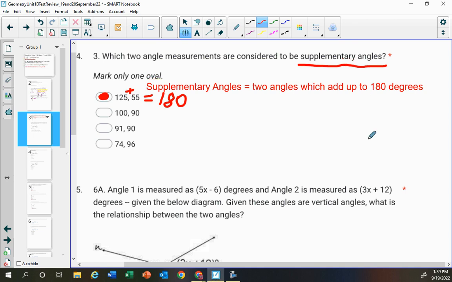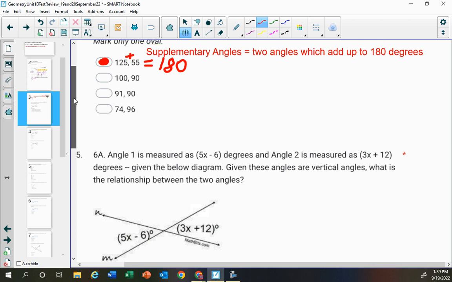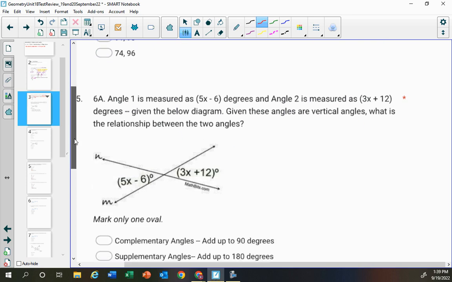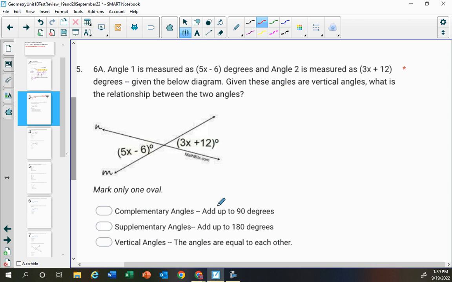All right. The vertical angles. Oh, I know what I should have done. I did that problem wrong. Vertical angles are directly across. What's their relationship?